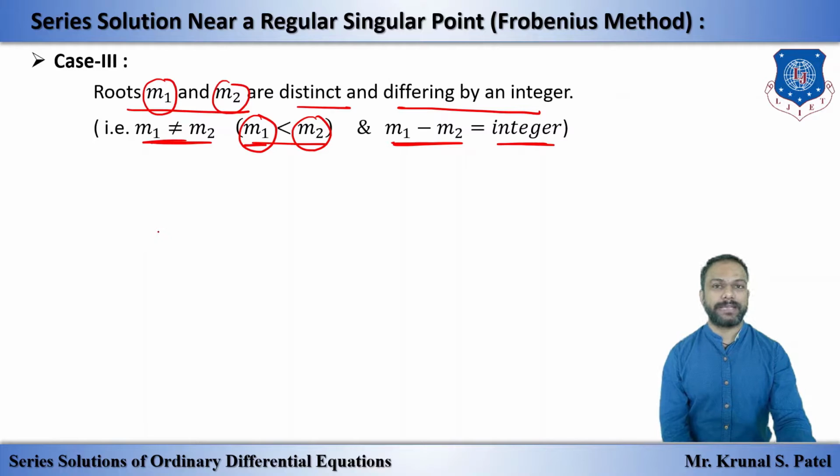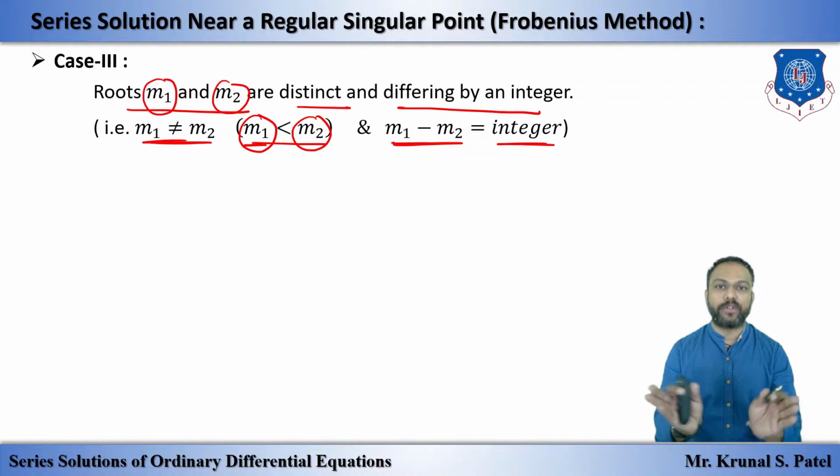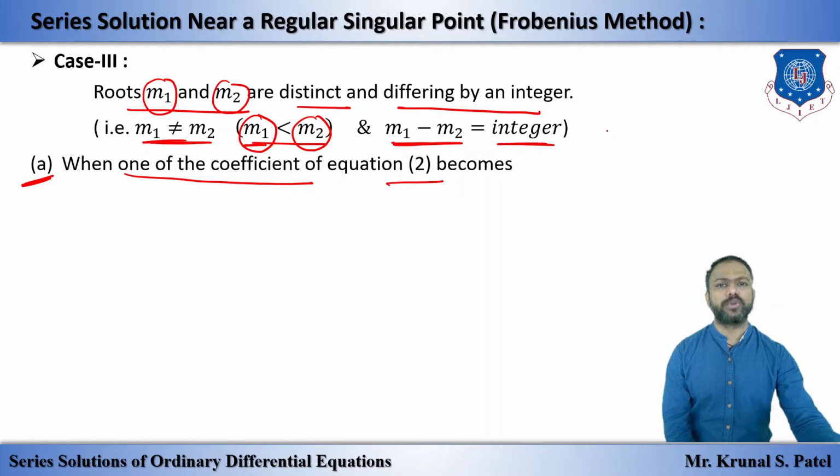So when we have case 3, in case number 3 we have two further cases. Case A: when one of the coefficients of equation 2, that is, our trial solution with coefficients a0, a1, a2, a3, these are the coefficients in equation number 2.